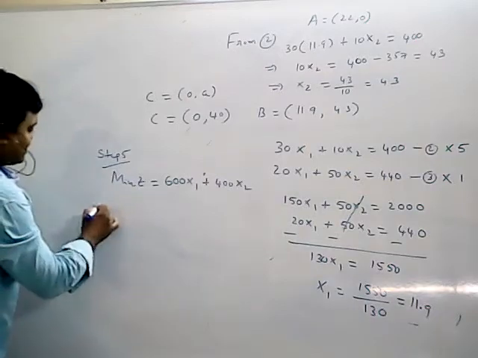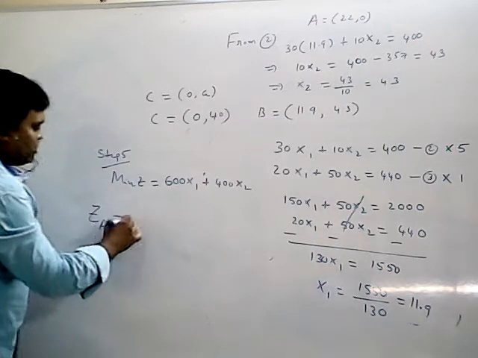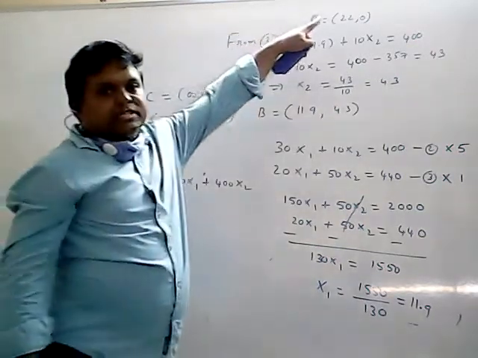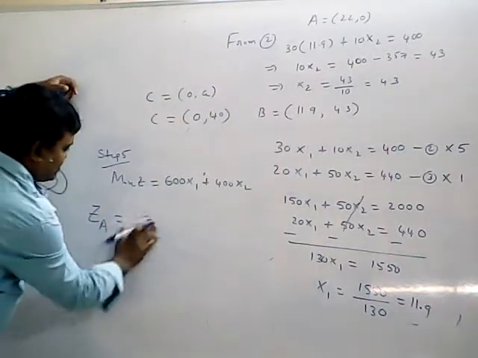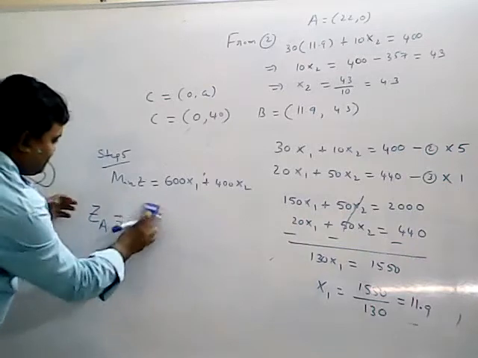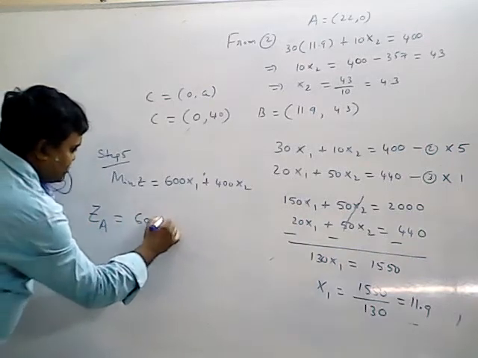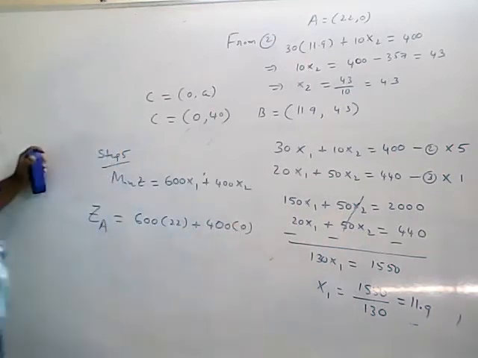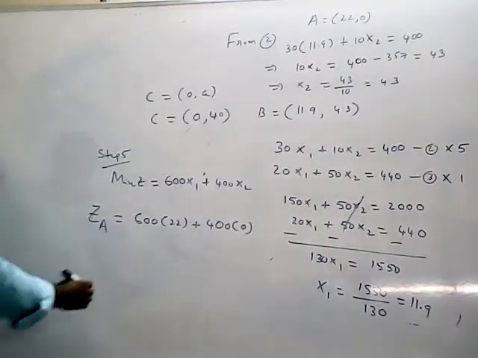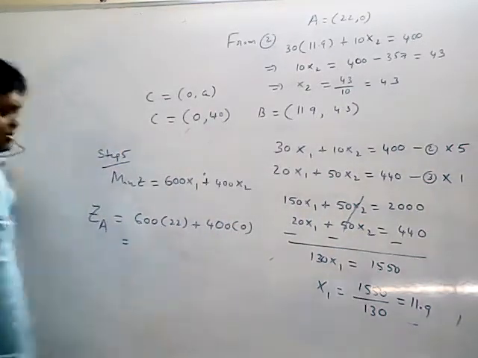So first I will calculate ZA. The A point is 22, 0. So 600 into 22 plus 400 into 0. You can simplify and you will get the value here.